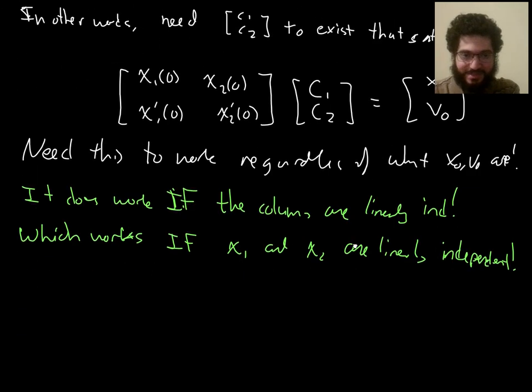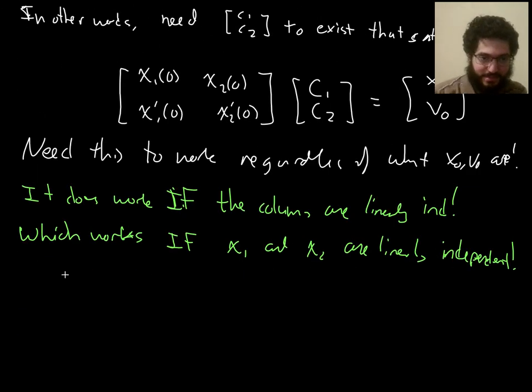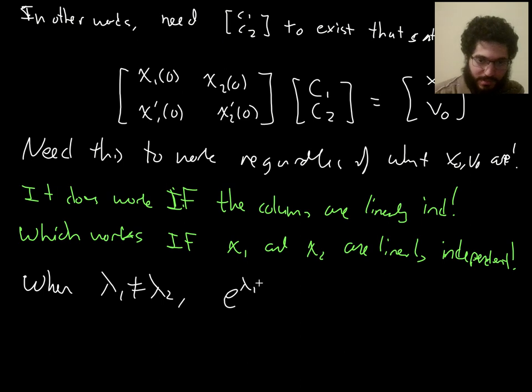And so when lambda 1 is not equal to lambda 2, e to the lambda 1t and e to the lambda 2t are indeed linearly independent.